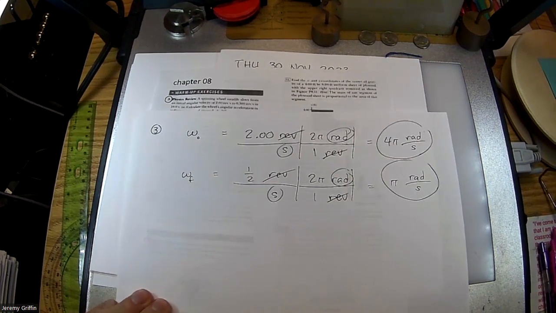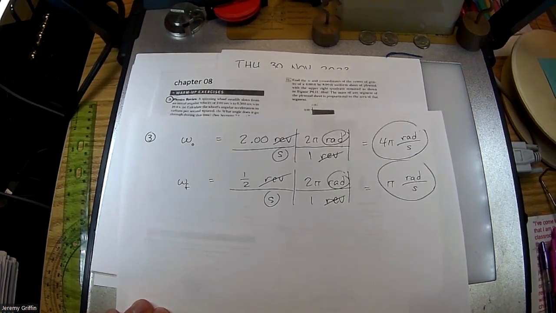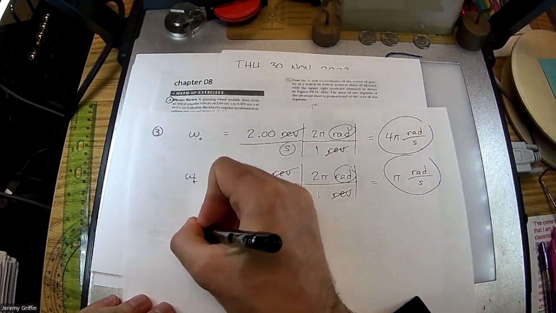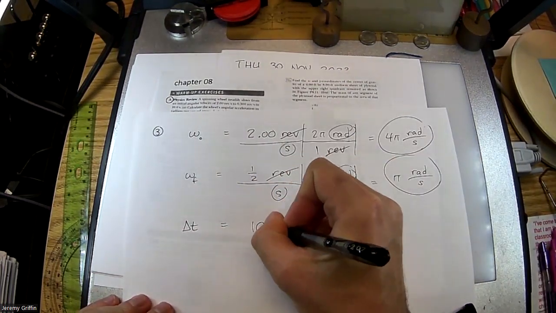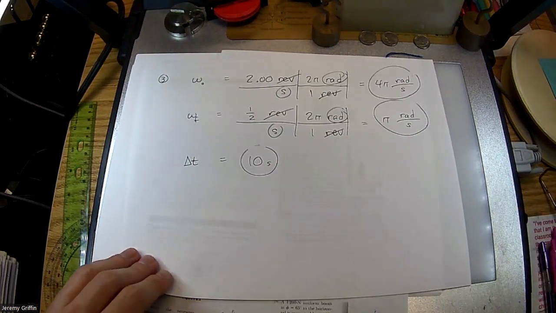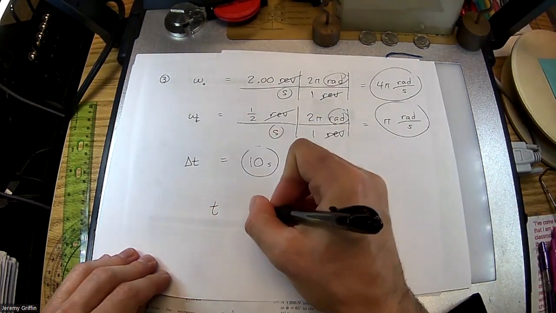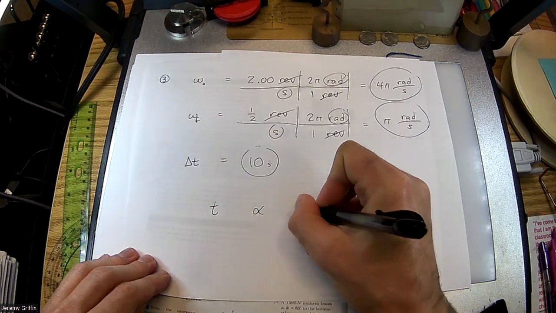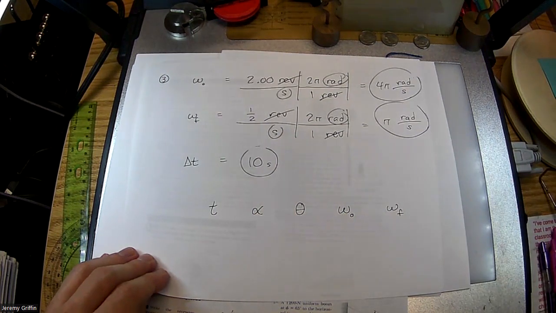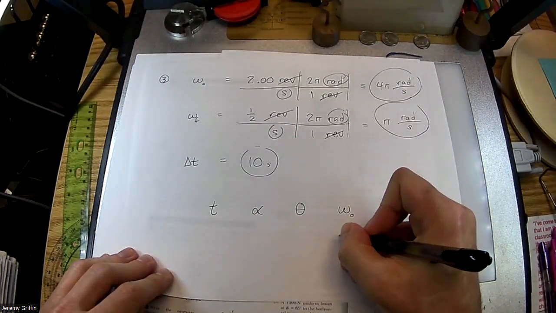Okay. And we need a third kinematic value to be able to solve this. They told us the time interval. They said the time interval is 10 seconds. So there's your 3 kinematic values. Let's do a tax-VV table. Time, acceleration, displacement, initial velocity, final velocity. Of course, this is the rotational version.